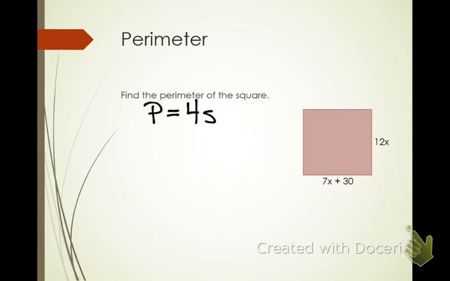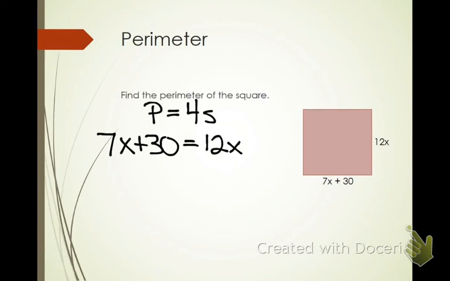We'll go over it. So if all the sides of the square are equal, that means that 7x plus 30, once I know what x is, will be the same number as 12x. The side lengths are equal, so I can set them equal to each other. 7x plus 30 equals 12x.